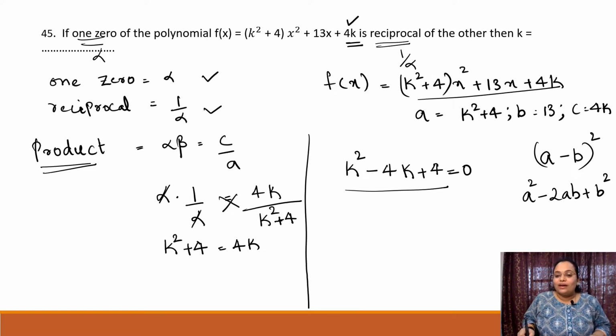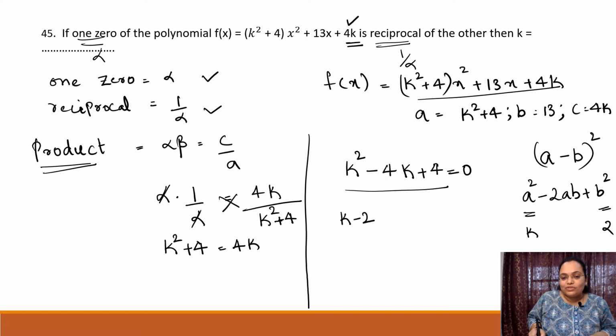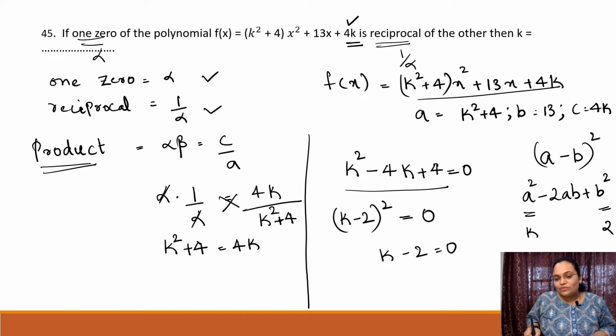Yes, so here a is your k and b is your 2, right? So that will be (k minus 2) whole square is equal to 0. So if (k minus 2) whole square is equal to 0, k minus 2 is equal to 0. Yes, correct. So k is equal to 2. So the value of k is 2.